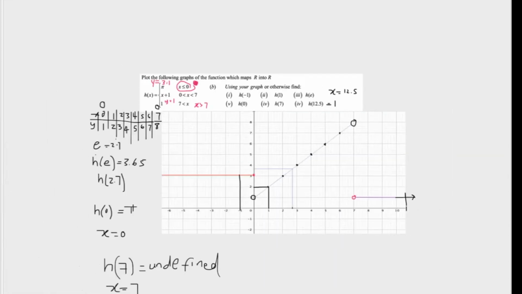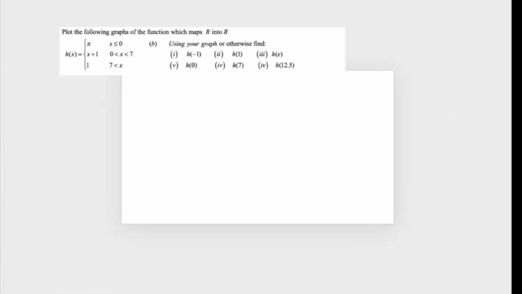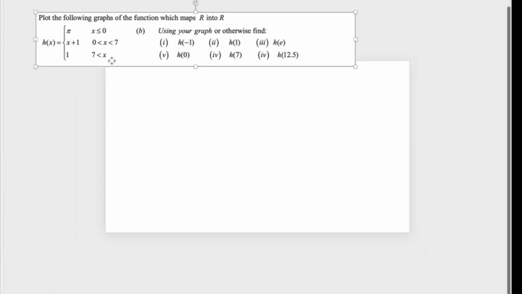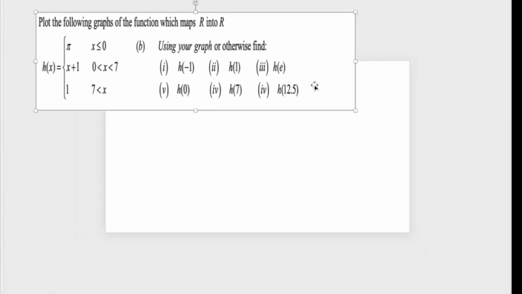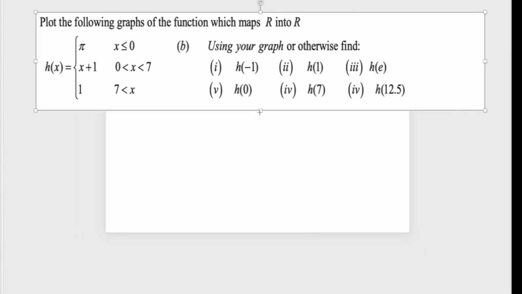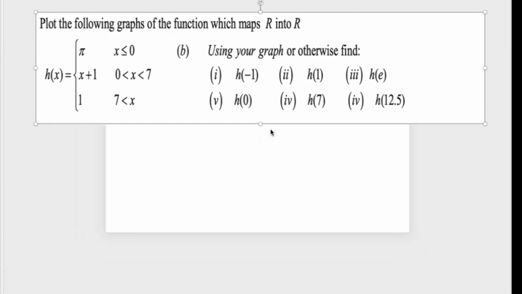Now we can solve this without having the graph. So let's redo this by using the piecewise function. So solving this using the piecewise function, h of negative 1.